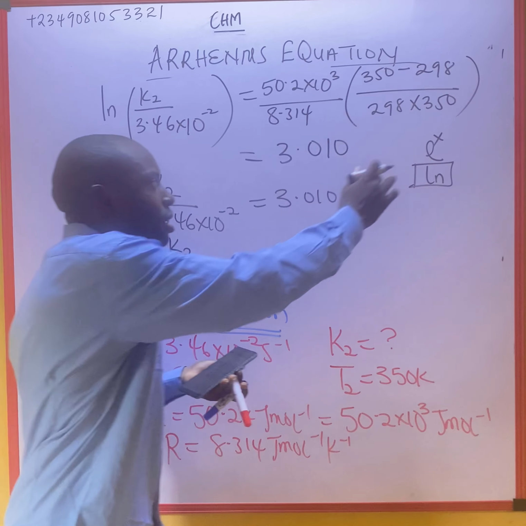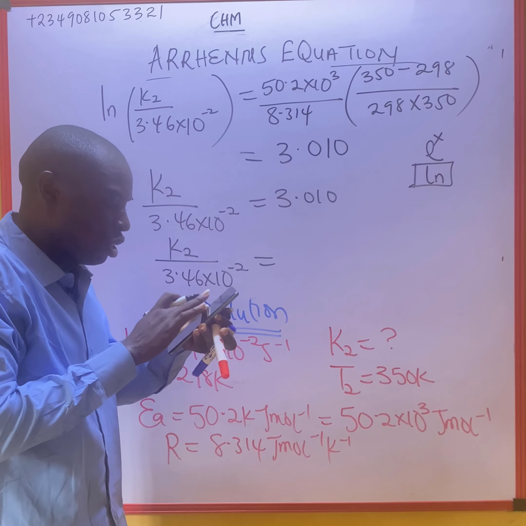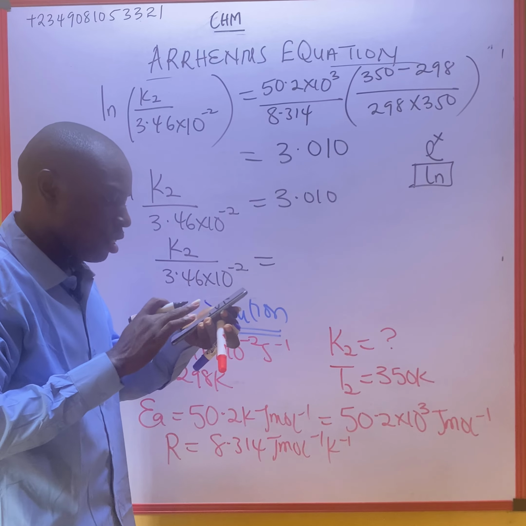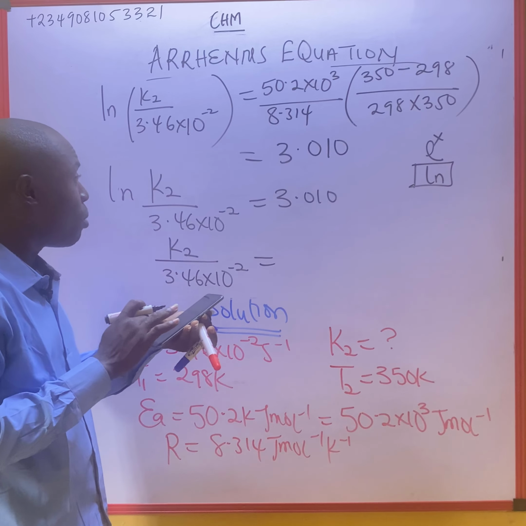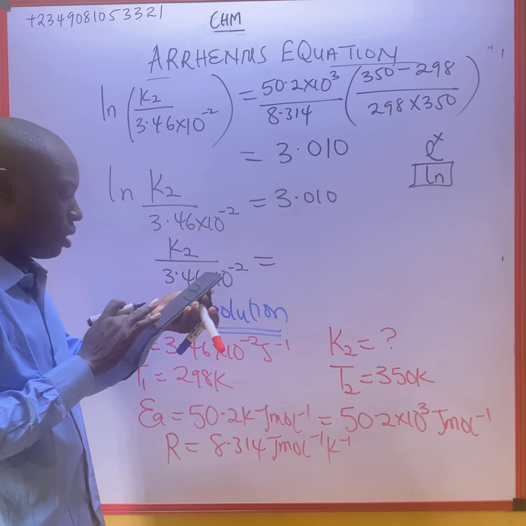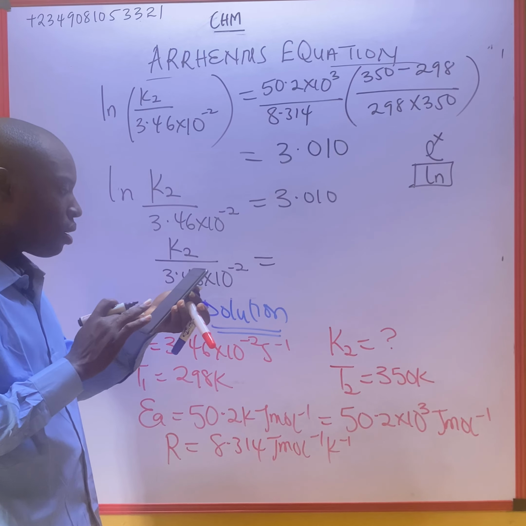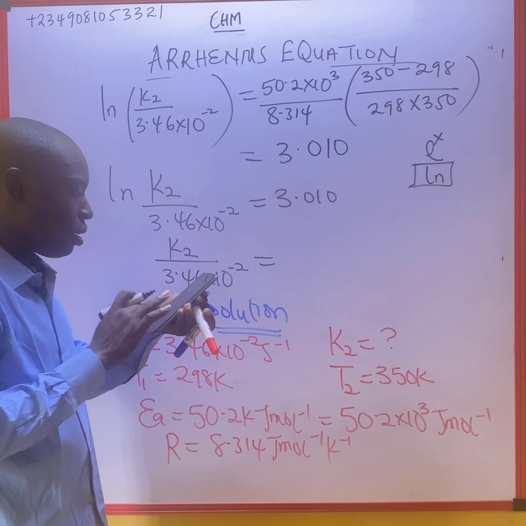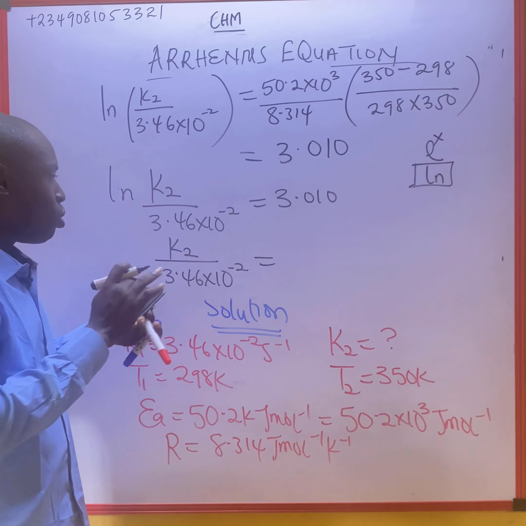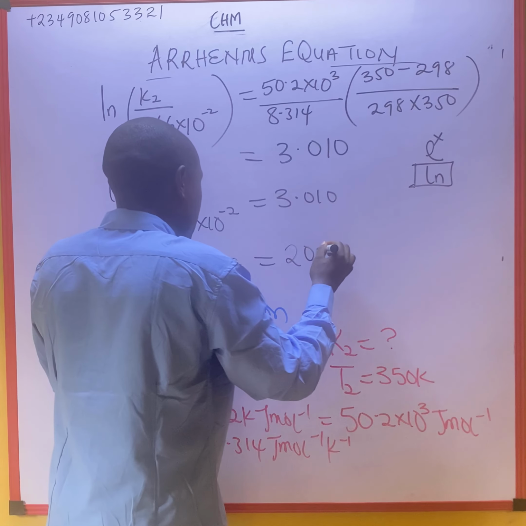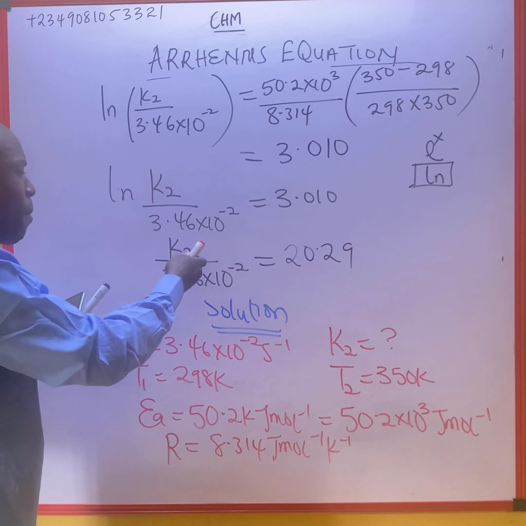To get this exponential, you press shift, you press the ln button, and you enter 3.010. You will be having it to be what now? 20.29. 20.29.